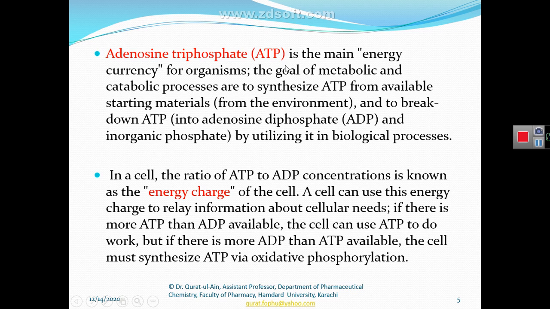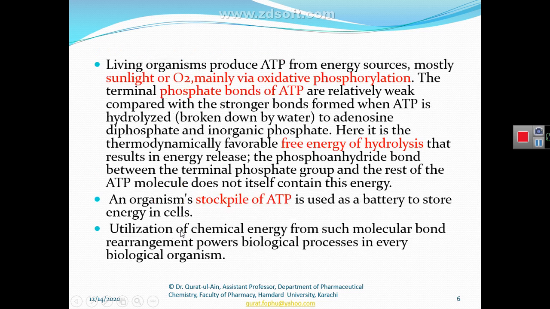One form of energy, ATP, is present in our body and converts into ADP when anabolic reactions take place. The ADP is another form of energy. Whenever a catabolic process takes place in our body, this ADP converts into ATP. So during catabolic and anabolic reactions, this form of energy keeps changing, and the ratio of ATP and ADP is termed energy change.